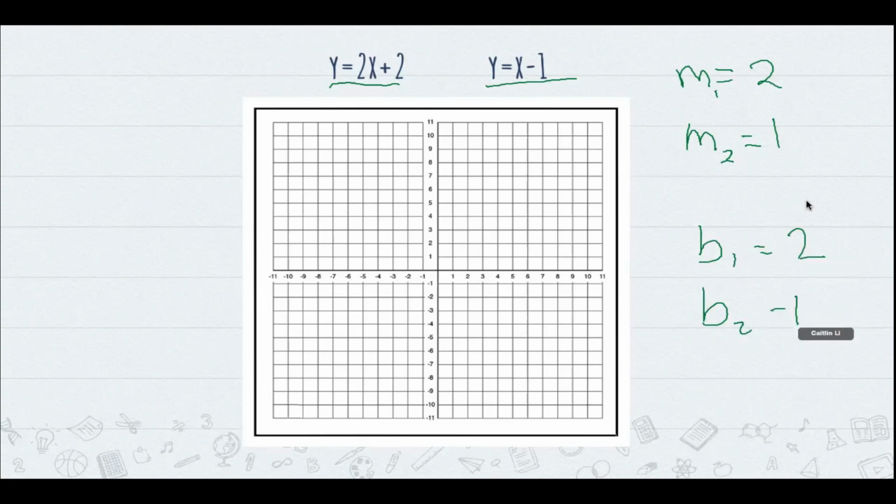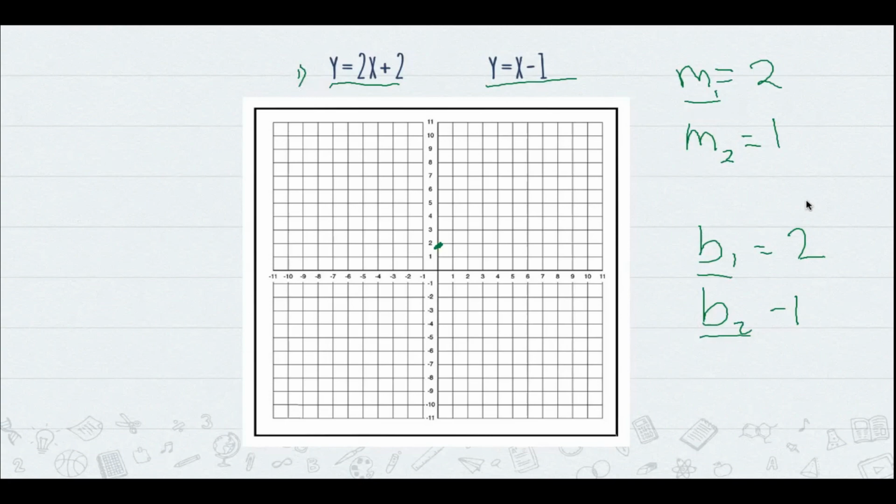So how we would graph this is first we would graph our y-intercepts, our 2 and our -1. So we're just going to do the first equation first, meaning we're going to be using our m1 and our b1.